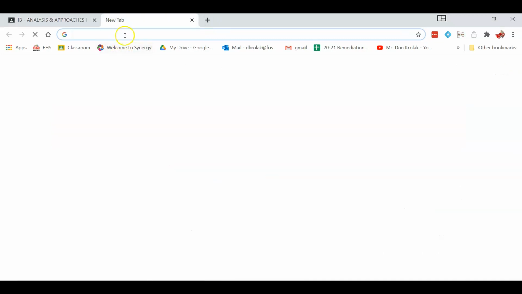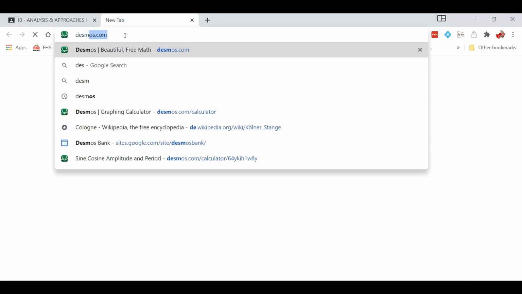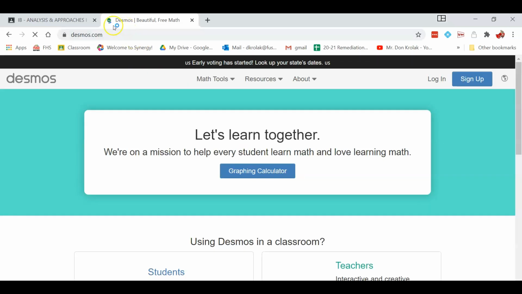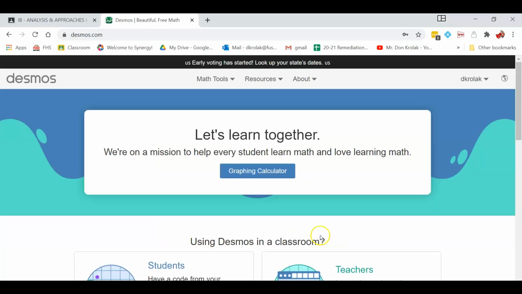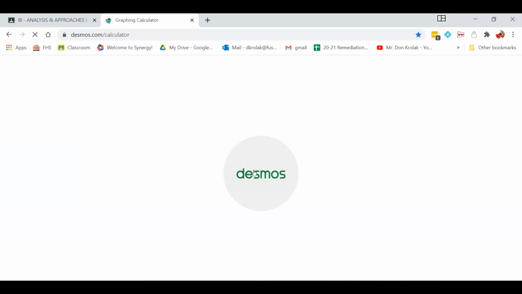So open up a Desmos. And you're going to put the information in as a table.